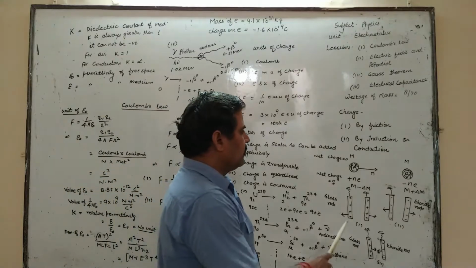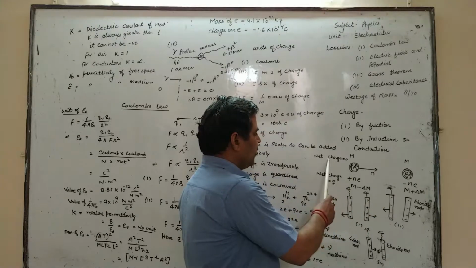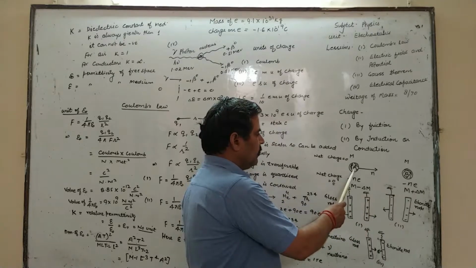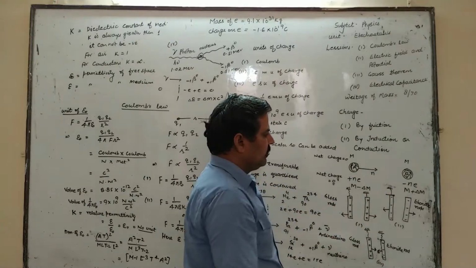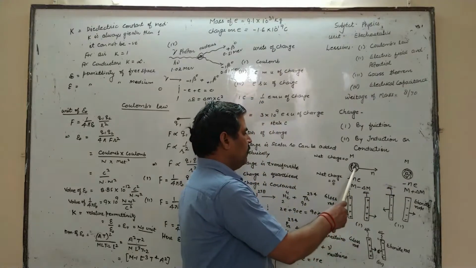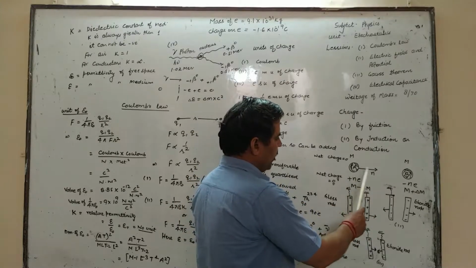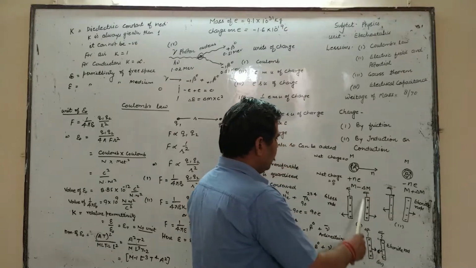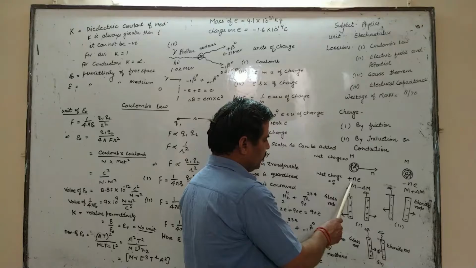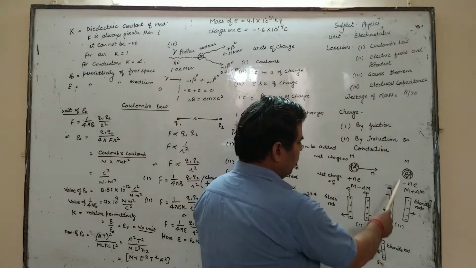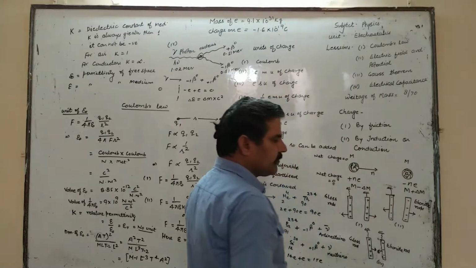Here are two bodies, A and B. Before rubbing, net charge on body A is 0, also on body B is 0, therefore total charge is 0. Now suppose when A is rubbed with B, n electrons are transferred from A to B. Then body A becomes positively charged, having charge plus Ne, and body B becomes negatively charged, having charge minus Ne.